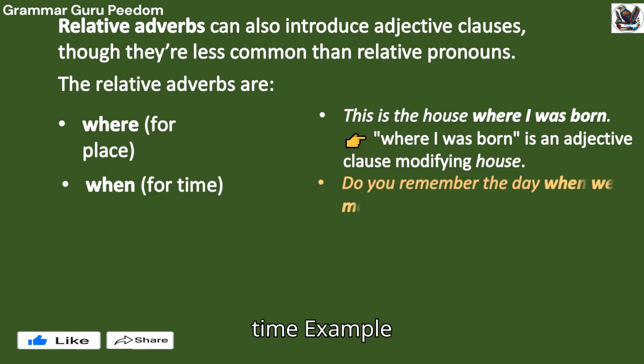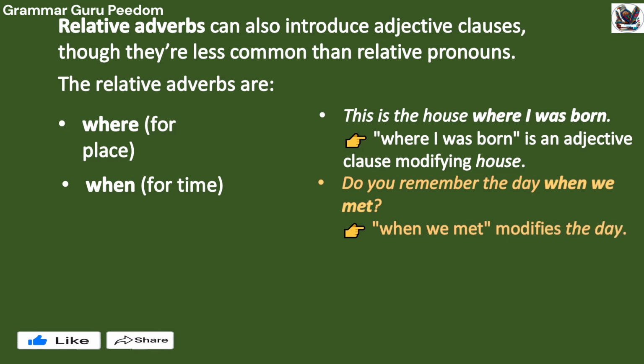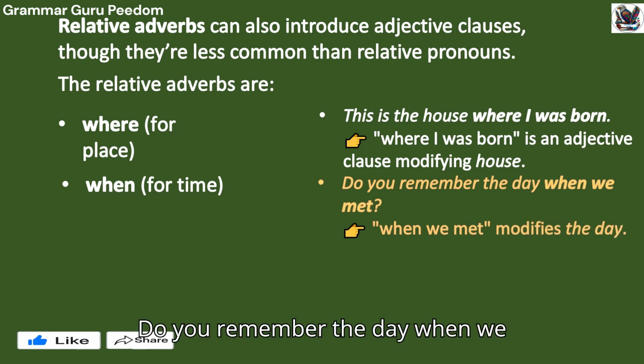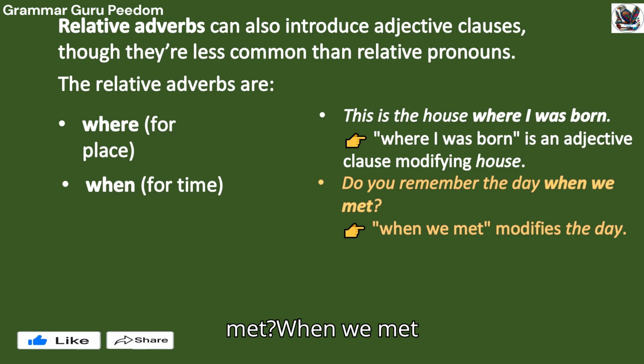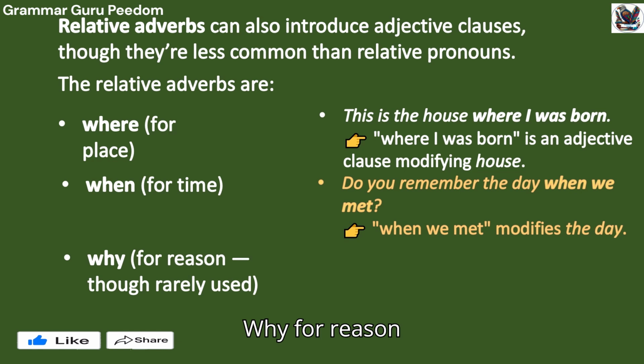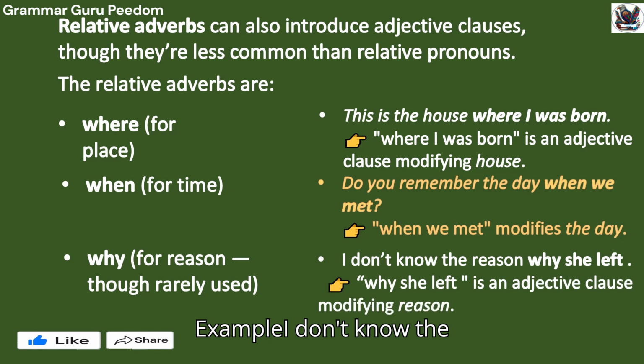When for time. Example, do you remember the day when we met? When we met modifies the day. Why for reason. It's rarely used. Example, I don't know the reason why she left. Why she left modifies the reason.